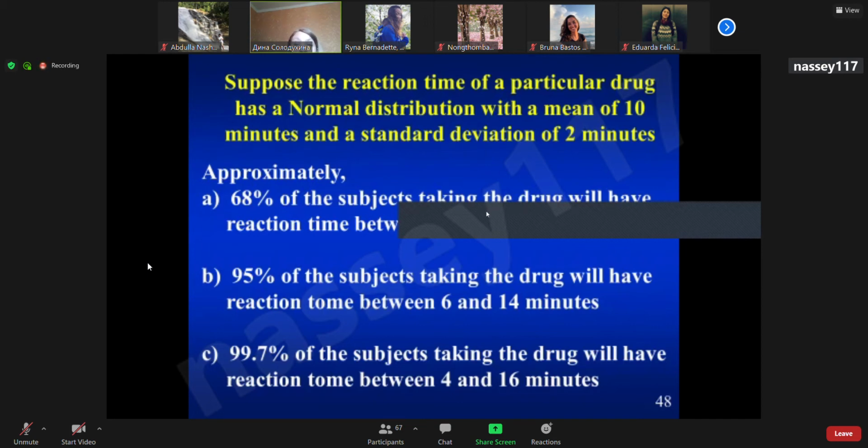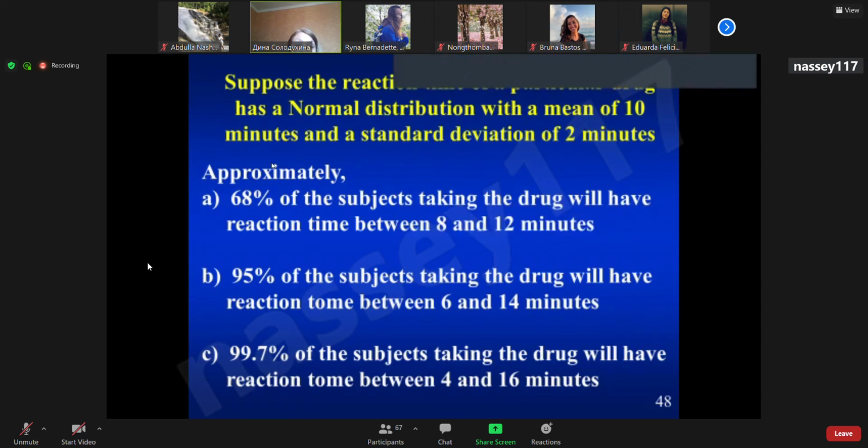So we can use the empirical rule and draw a conclusion that 68% of subjects who take the drug will have a reaction time between 8 and 12, because this is the interval of one standard deviation, the mean 10 plus minus 2. 95% of the subjects who take the drug will have a reaction time between 6 and 14 minutes, which is within two deviations, or 10 plus minus 4.